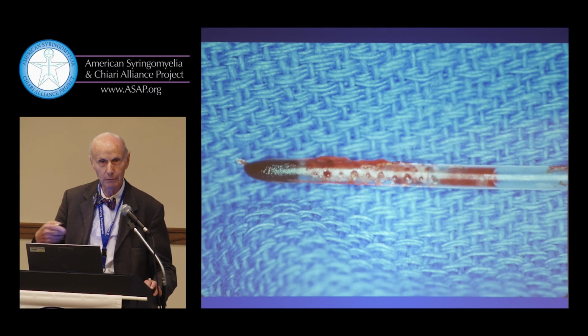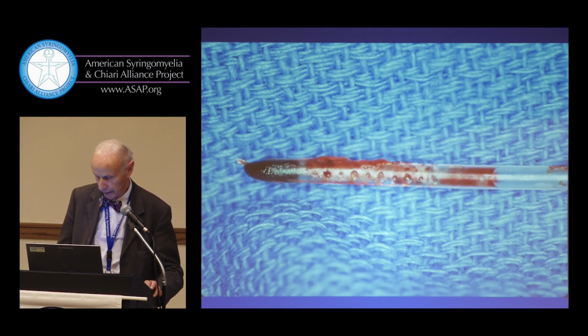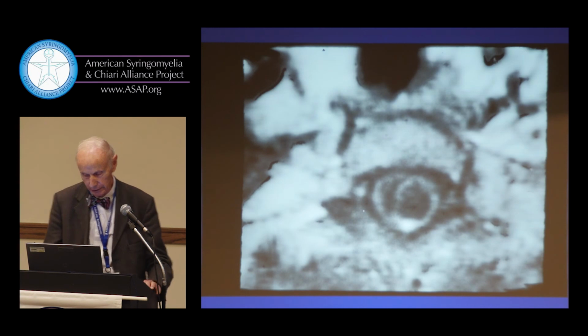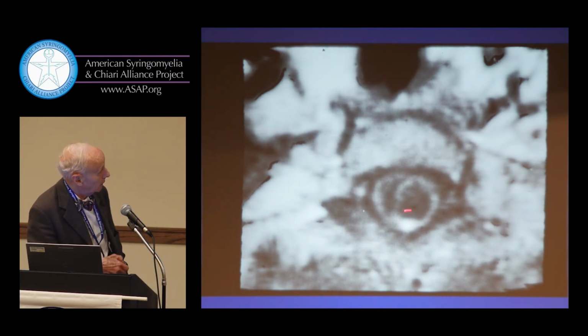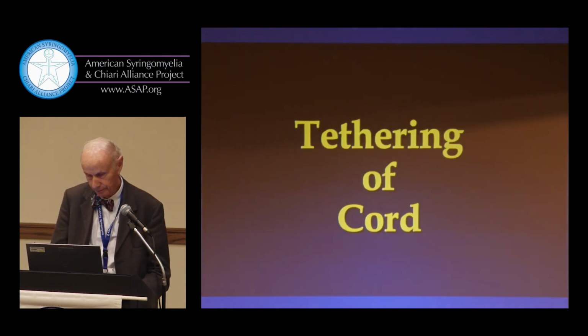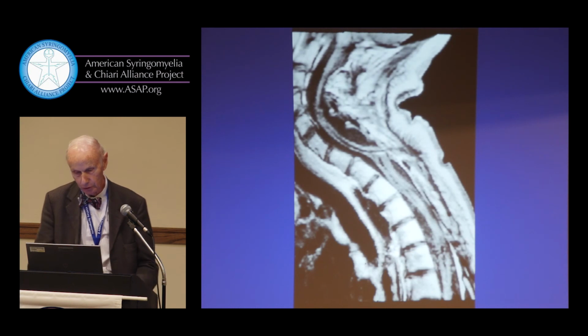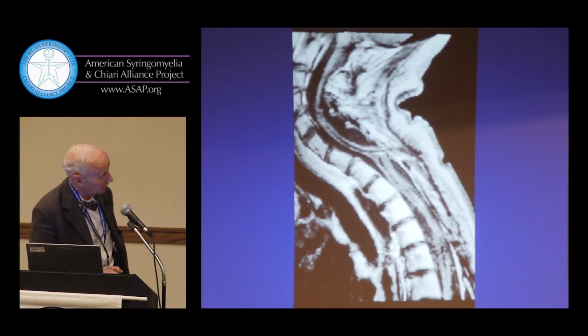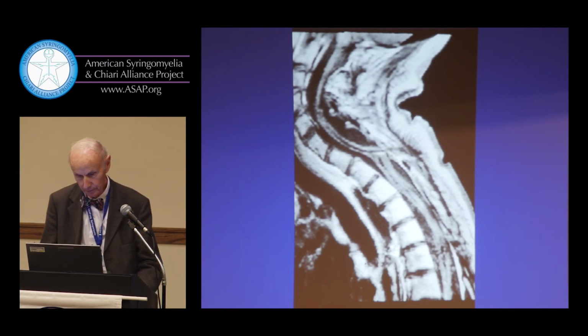But if the underlying mechanism has not been dealt with, fluid will reaccumulate and require replacement of the shunt. Sometimes the shunt is not placed adequately. Here's a person who had 2 separate cavities within the cord, and if you shunt one, then the other one will expand. This is a patient whose shunt became stuck to the dura and caused its own set of problems.